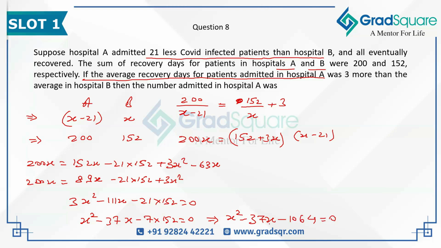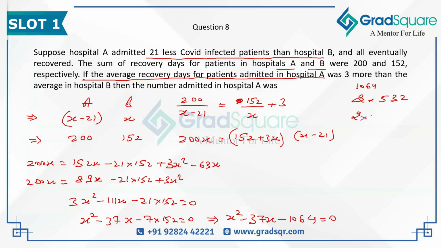Right? Now I'm wanting to look at splitting the middle term because x is the number of patients, so the answer has to be an integer. That is not a problem. Now let's try to break this 1064 and I can see a 2 available over there. So I'll simply make it 2 times 532. Now I look at 532 and 2. I'm not getting a 37 at any place.